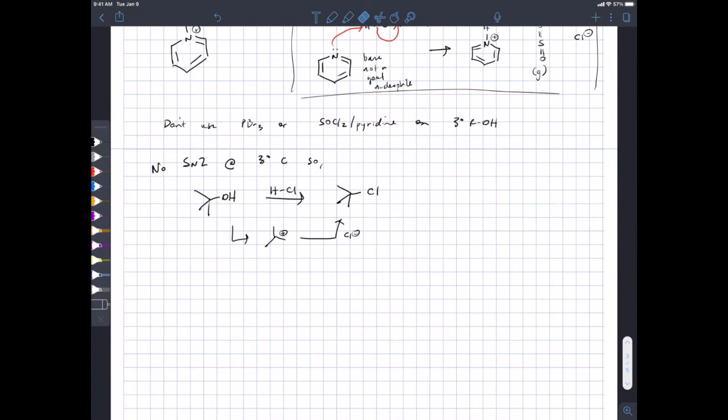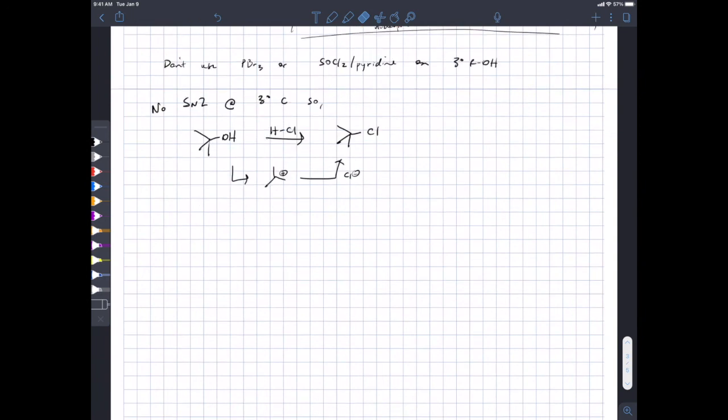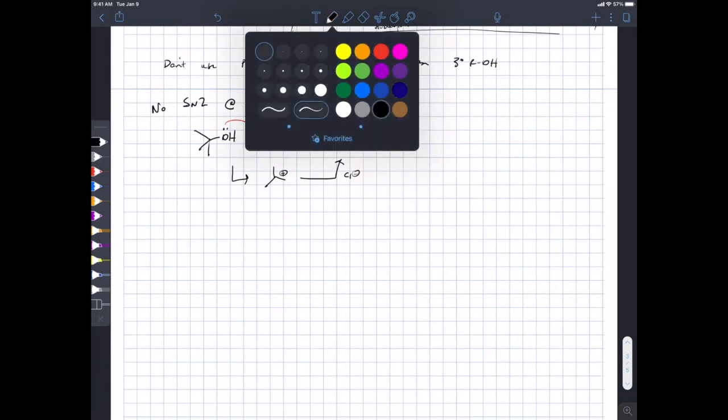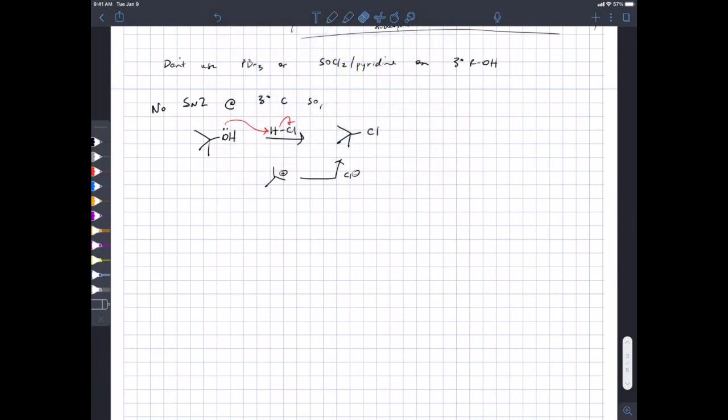The whole purpose of using those was to avoid a carbocationic intermediate. But if you want to do substitution reactions with tertiary alcohols, the carbocation is just inevitable. So you would just go ahead and use the approach that we talked about at the beginning that we wanted to avoid, which is to first protonate the alcohol to get the oxonium ion.